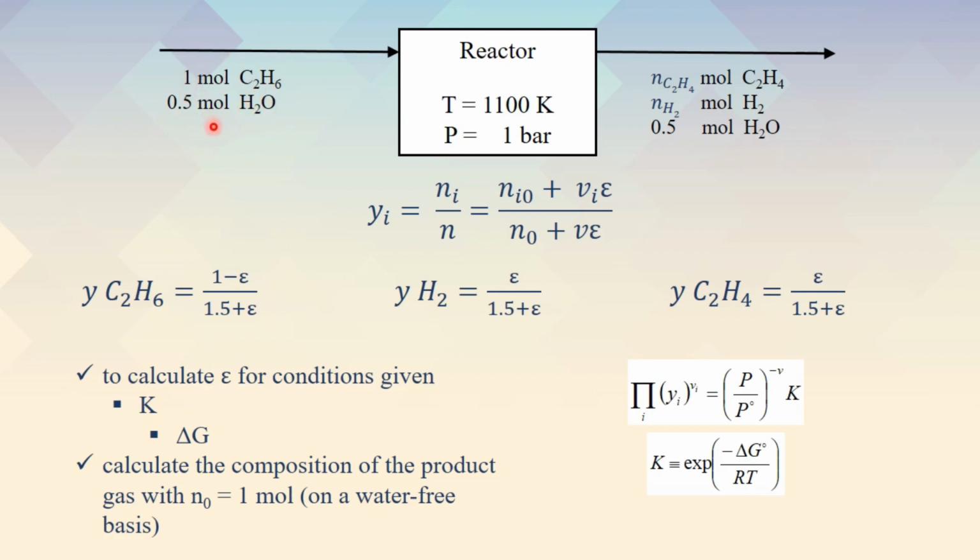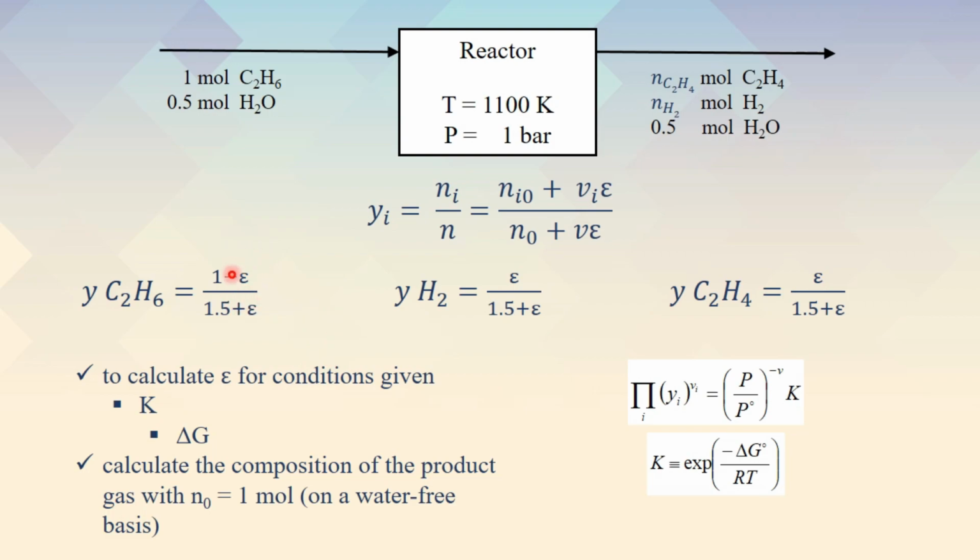Even though the water does not take part in the reaction, it does increase the initial number of moles by 0.5 mole. So the epsilon must be calculated from this equation with N naught equal to 1.5 as given in the conditions.